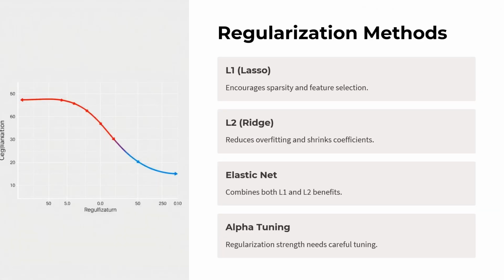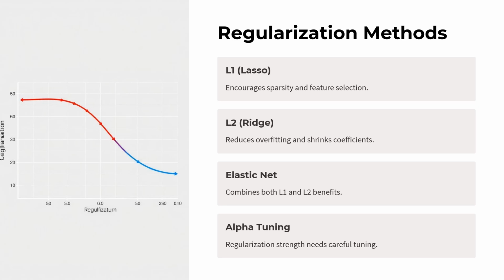Let's talk about regularization, the guardrail that keeps your model from overfitting. First is L1 regularization, or lasso. It not only shrinks weights but can even eliminate unimportant features, making the model sparse. Then comes L2 regularization, called ridge, which shrinks weights smoothly and prevents them from becoming too large.